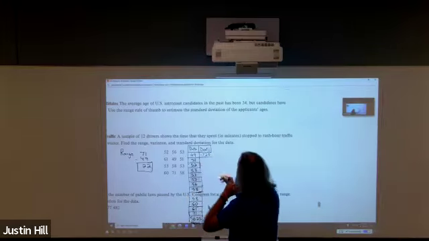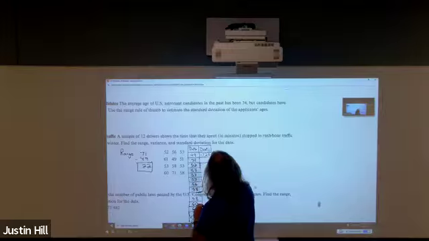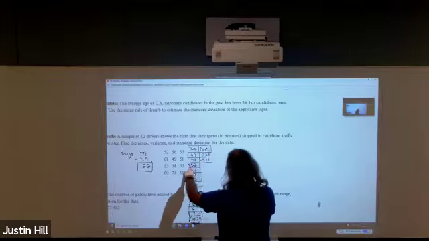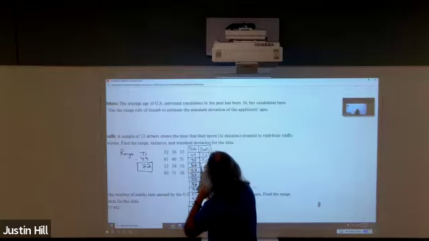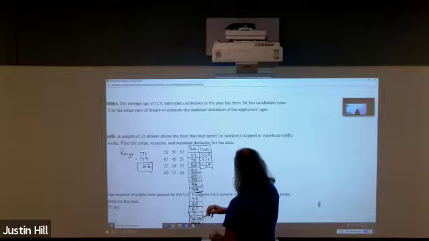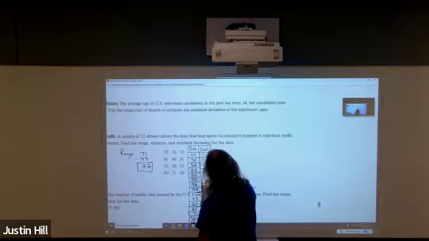At 51 to 56.25, that deviation is negative 5.25. 52 to there is going to be negative 4.25. The 53s are all going to be negative 3.25.